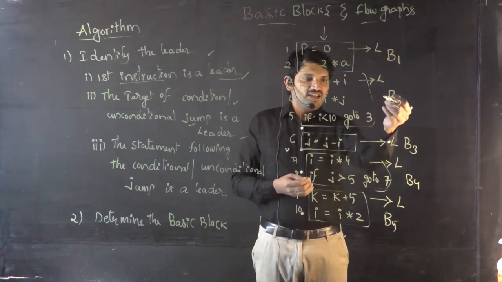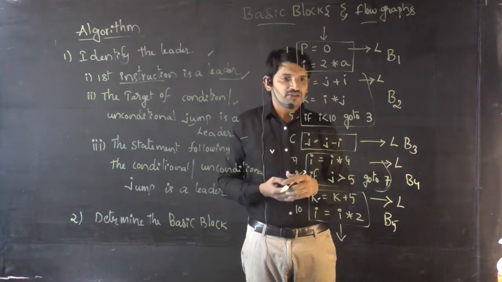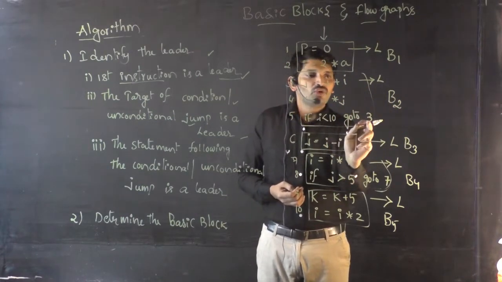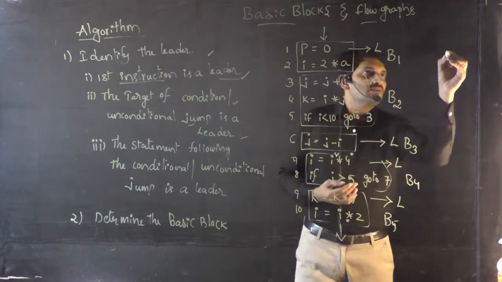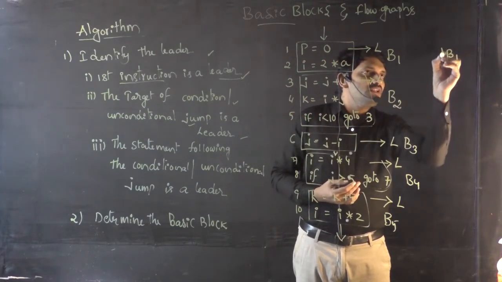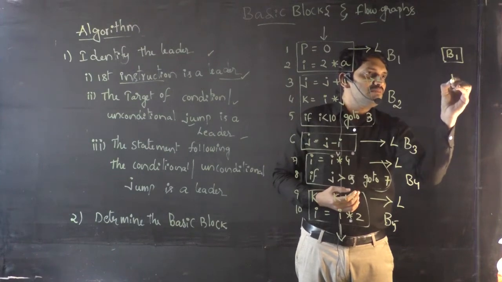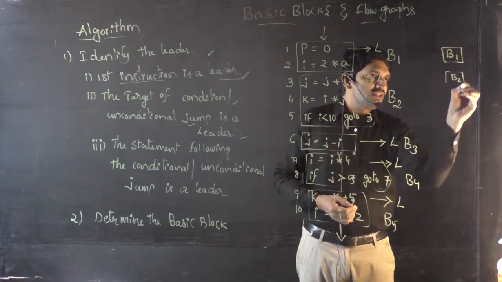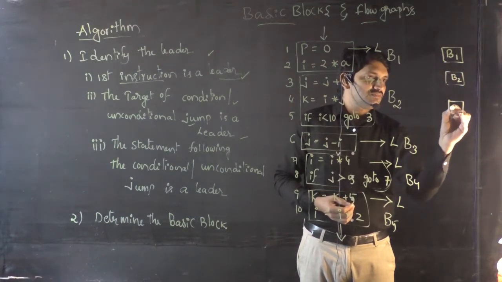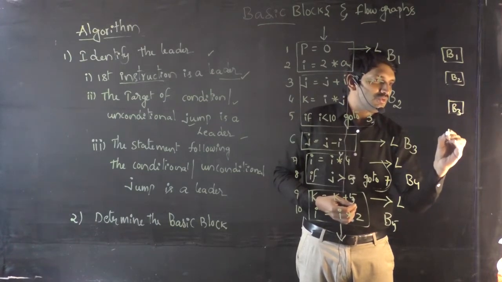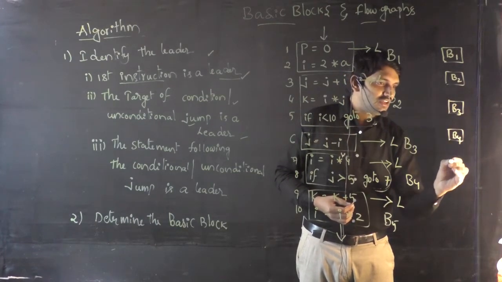So first check any unconditional or conditional statements. Here one statement is there, go to 3. That means first I am writing the basic blocks B1, then B2, then B3, B4 and B5.